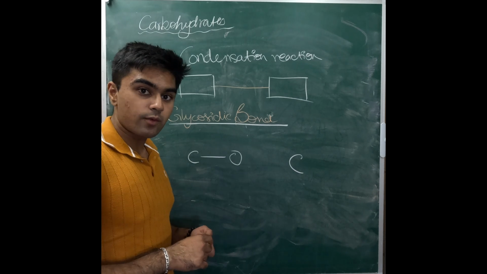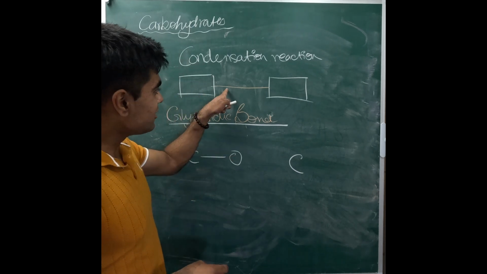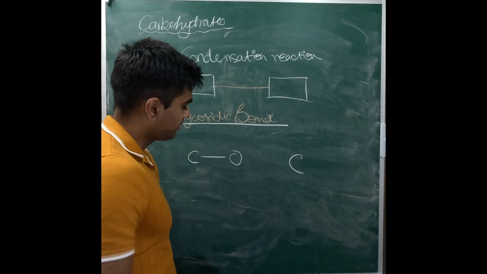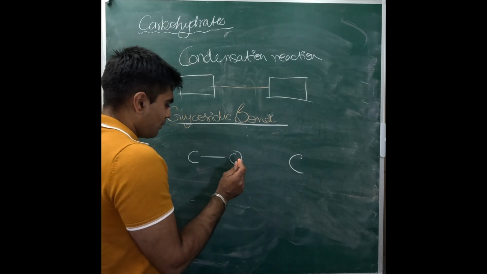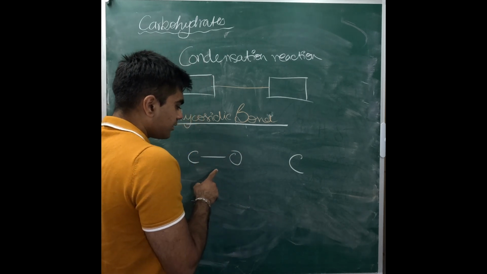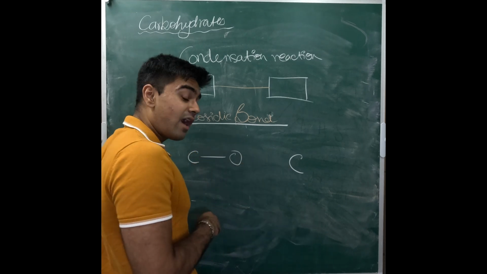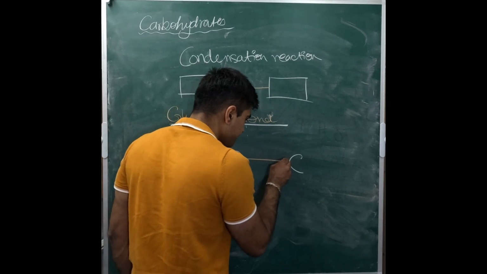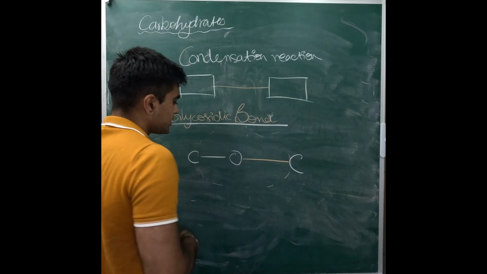This is the key to the glycosidic bond. The glycosidic bond isn't a line. A glycosidic bond is essentially this oxygen. This oxygen will bond to the other carbohydrate's carbon as well. So this whole thing here is our glycosidic bond.